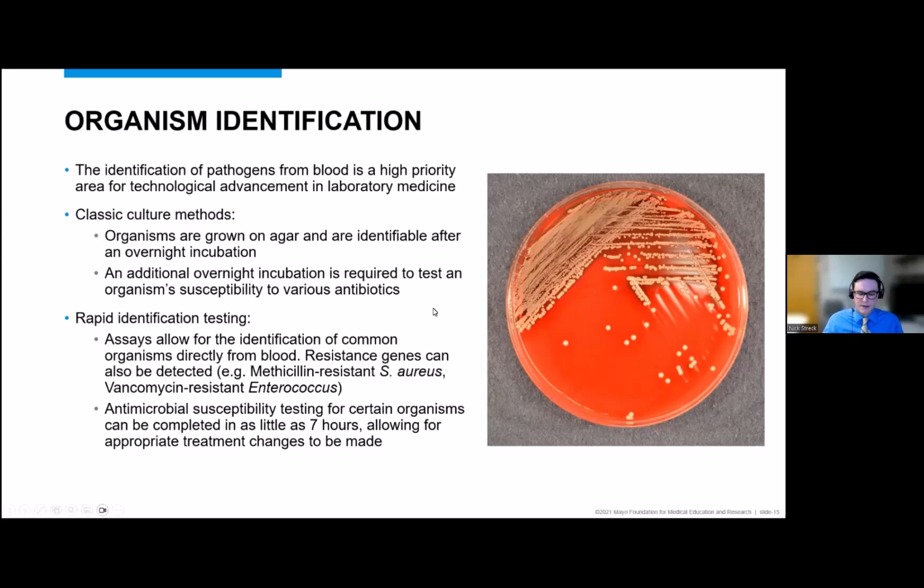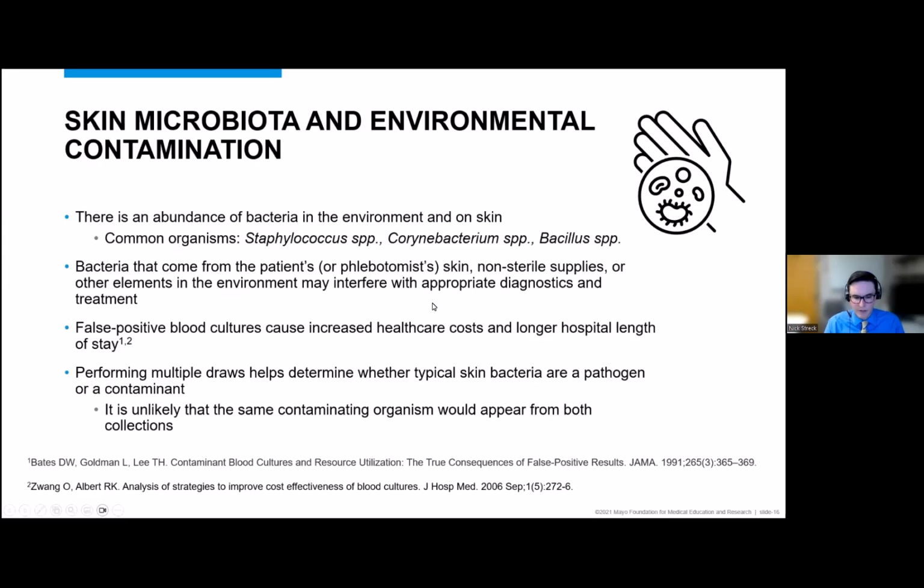So that's a quick overview of what the laboratory does with these positive blood cultures and the tools that they have. All of this work and excellent equipment and ability to rapidly report out this information is really all dependent on the idea that the organism that has been identified in the bottle in this positive blood culture is the true cause of the patient's symptoms.